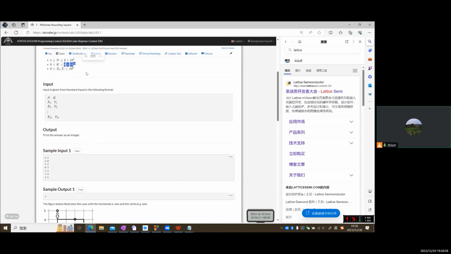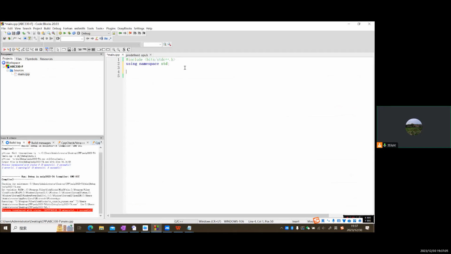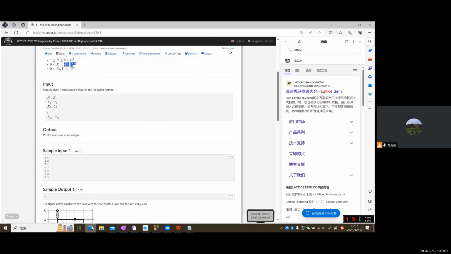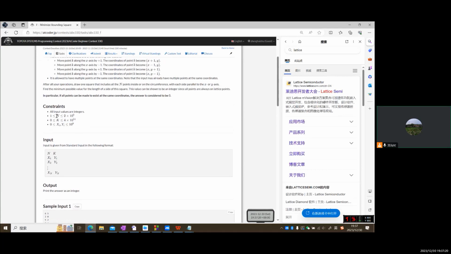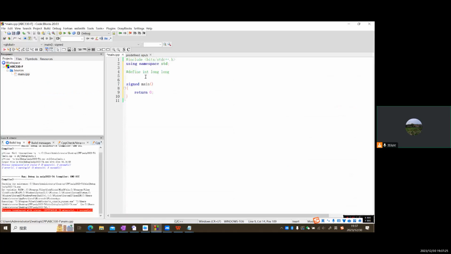Because the steps will be large, we can use long long instead of int. Here, signed main. And the maximum of n is 200,000. Const int max n is 200,000. Okay.